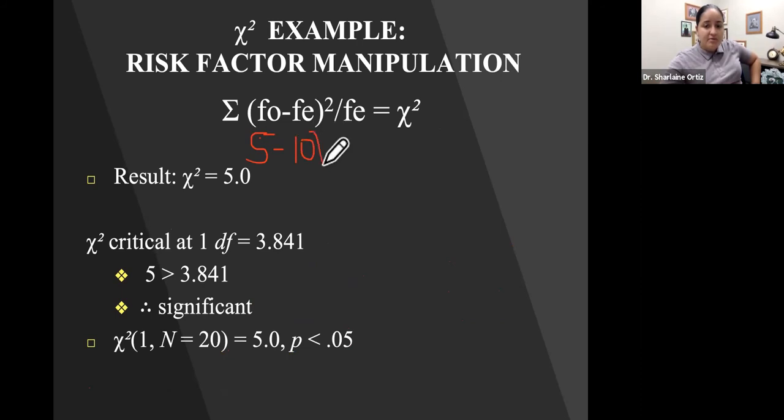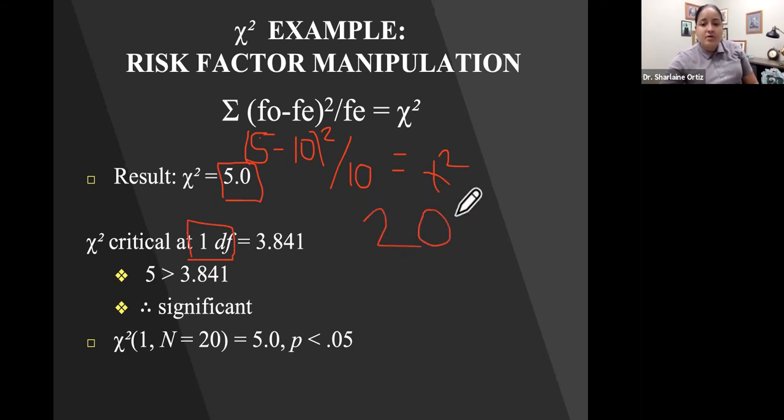After we do this equation, square it, and divide it by the frequency expected, which was 10, we discovered that chi-square turned out to be 5. Now, when we look at the degrees of freedom, remember, we calculated the degrees of freedom with the number of participants minus 1.